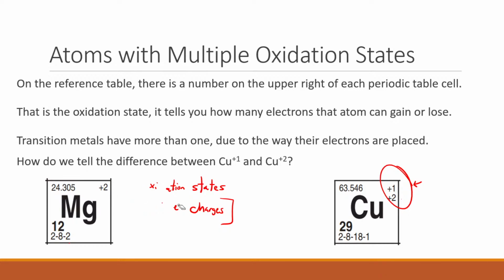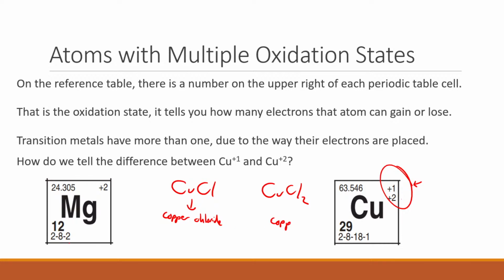And like we said a second ago, if I combine those with chlorine, I get 2 different compounds. But we don't have any way of telling the difference between this copper chloride and this copper chloride.